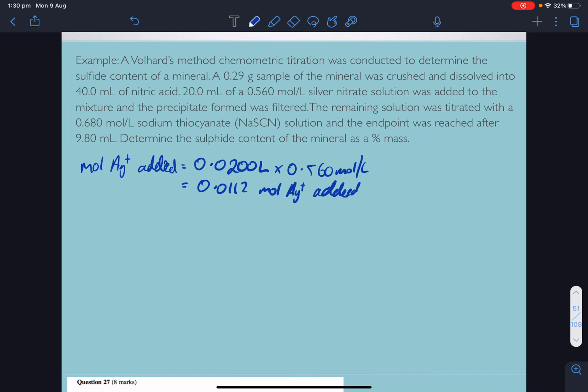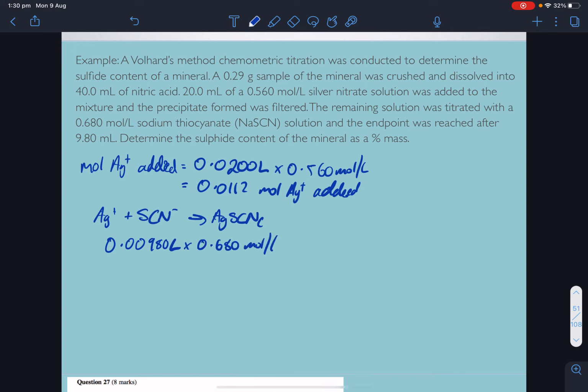And we can work out how much remained. Silver plus was going to react with the thiocyanate ion to form silver thiocyanate, so it's a 1-to-1 between them. It was titrated against, so we used 0.00980 litres, or 9.80 millilitres, at a concentration of 0.680 mole per litre.